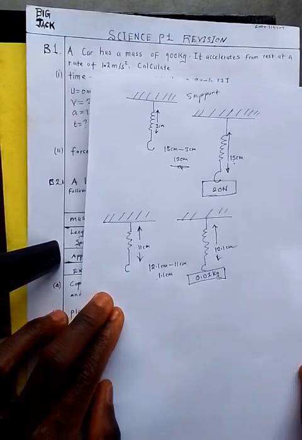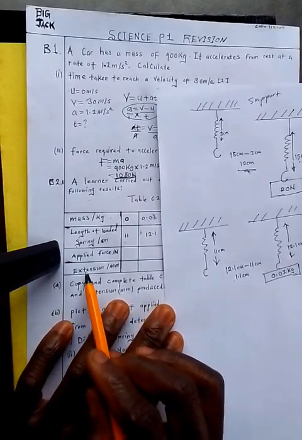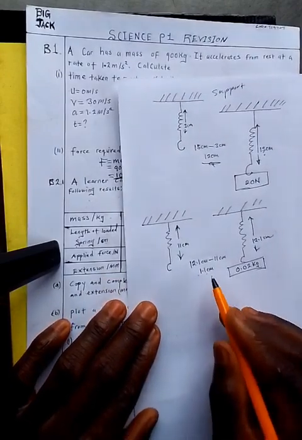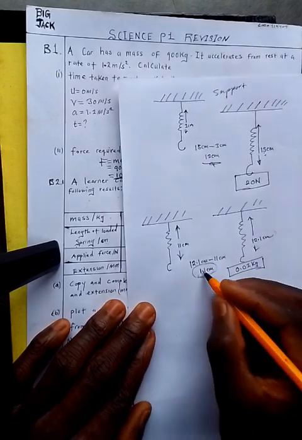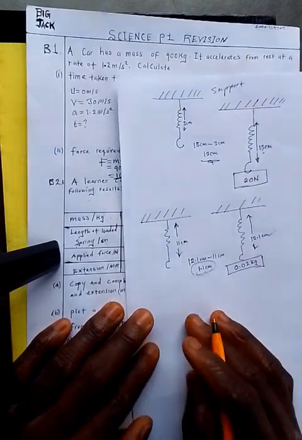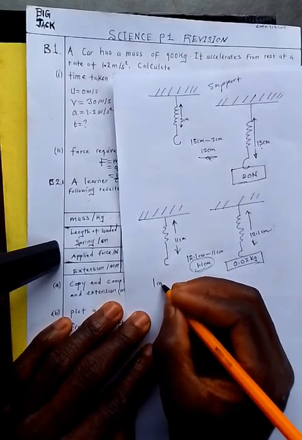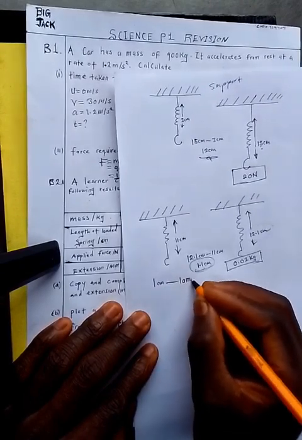Now, this question was saying we need to find the extension in millimeters. Are these millimeters? This one is centimeters. So what are we going to do? We are going to convert this 1.1 centimeters into millimeters. One thing you need to know here is that 1 centimeter is equivalent to 10 millimeters.